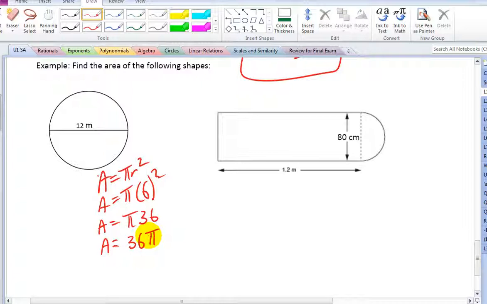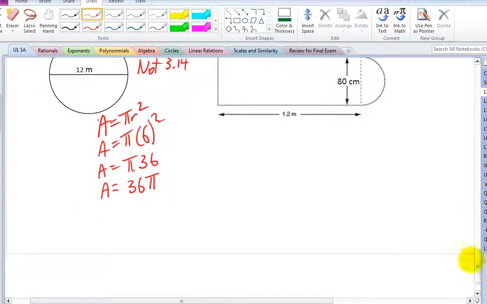Sometimes we'll say round to 1 decimal. Then you go to a decimal. So you want to use the pi button on your calculator. Not 3.4. In grade 8, lots of you probably used 3.14. That's not going to be accurate enough for us. So we're just going to type in 36 times pi.